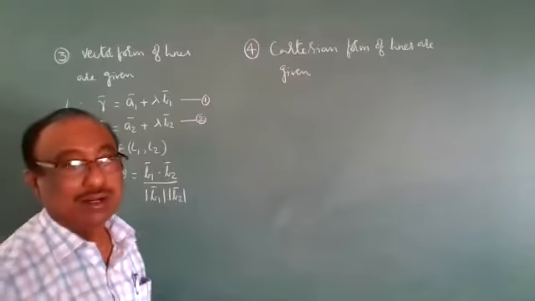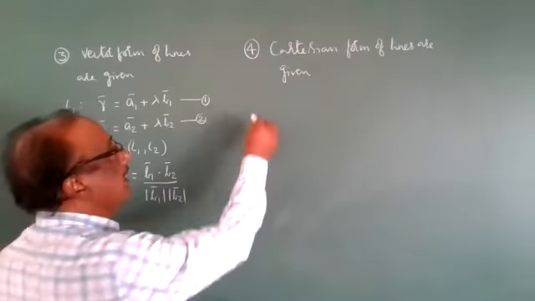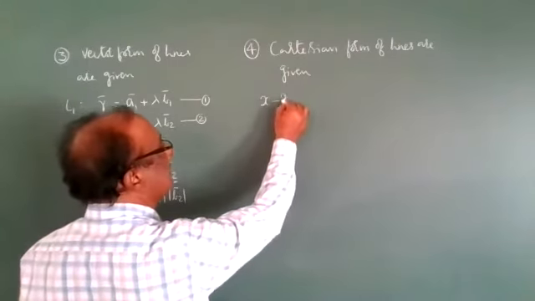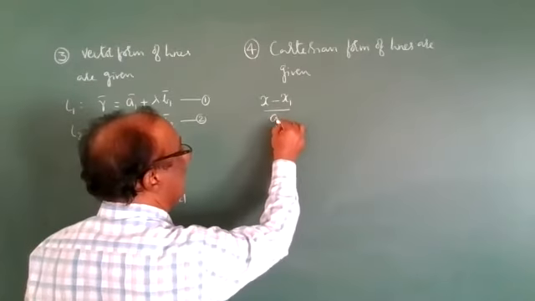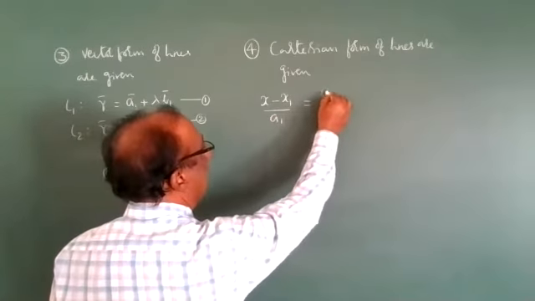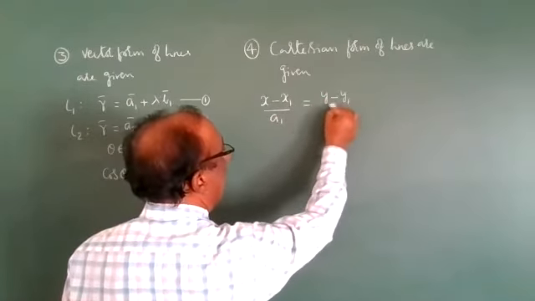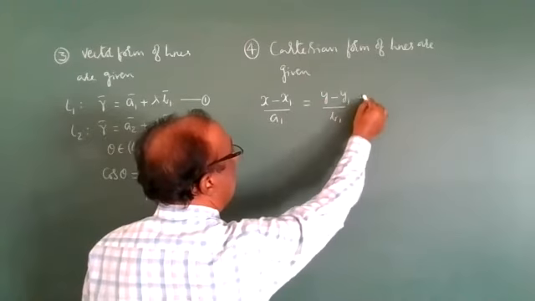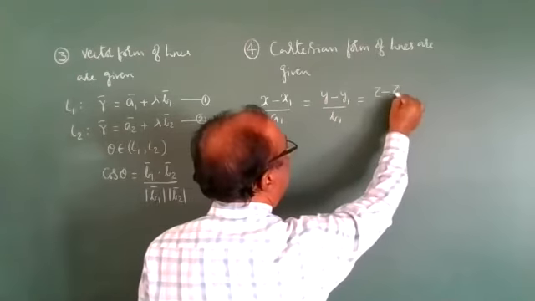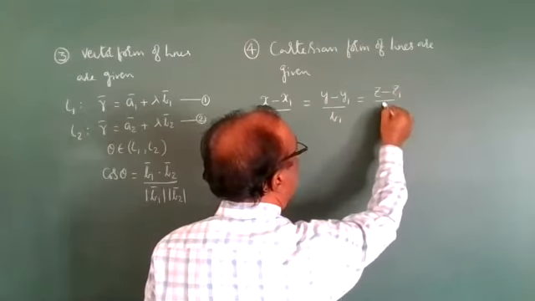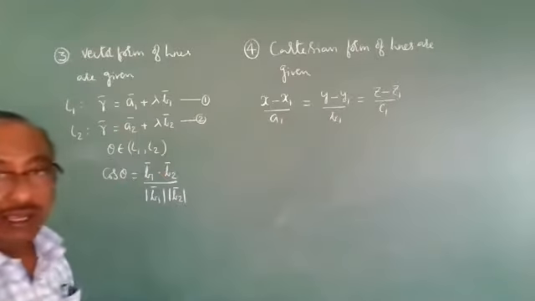Already I will tell. Cartesian form is x minus x1 by a1, y minus y1 by b1, z minus z1 by c1. This is one Cartesian form of the line.